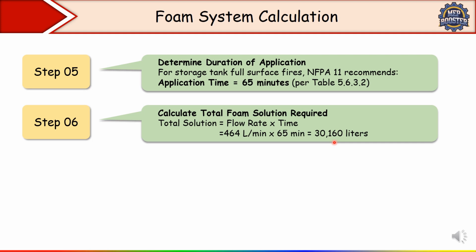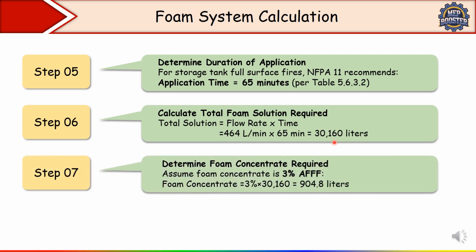And then step number 7 is to determine the foam concentrate required. Assume the foam concentrate is 3%. Here we have a formula to calculate the foam concentrate in liters: concentration percentage times total solution.